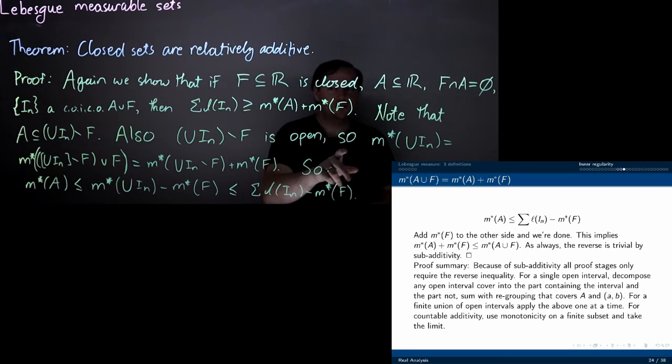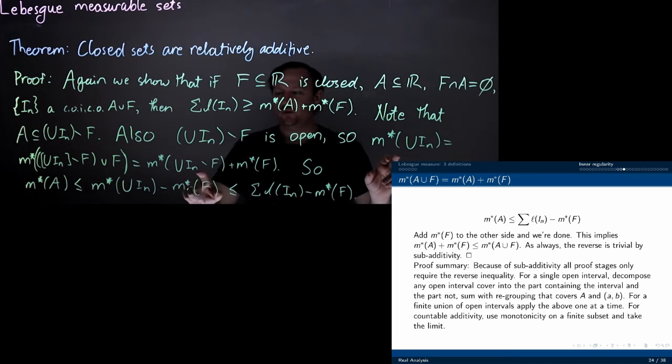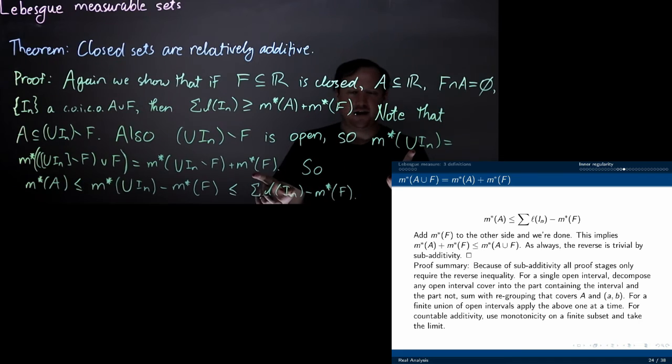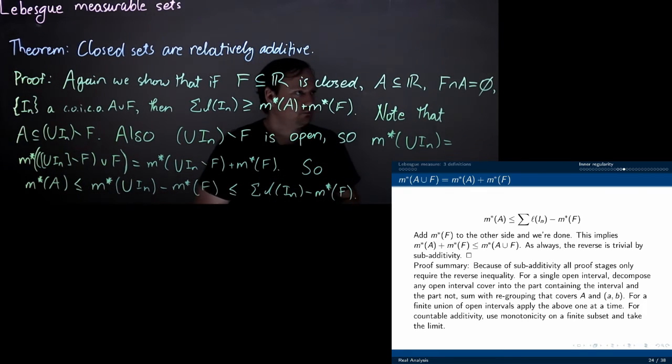So we can take this to be finite because the proof for infinite is just like the last one. So we subtract this over to here, and we can replace this thing with this minus m star F. That's the upshot. So m star A is less than or equal to this thing.